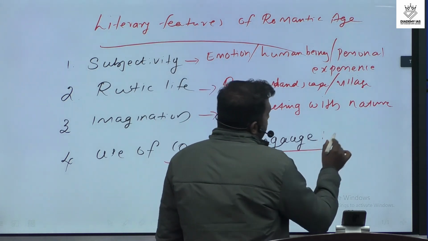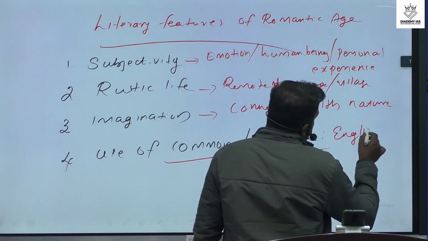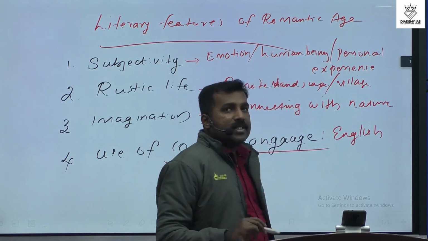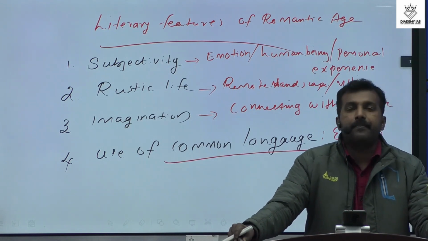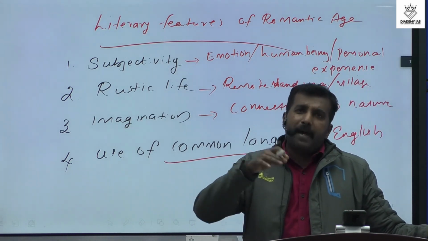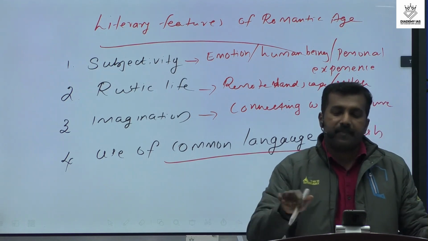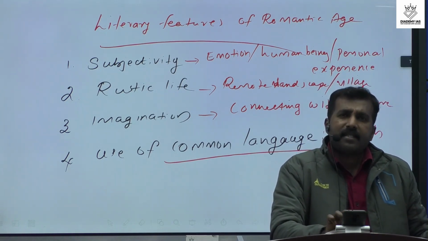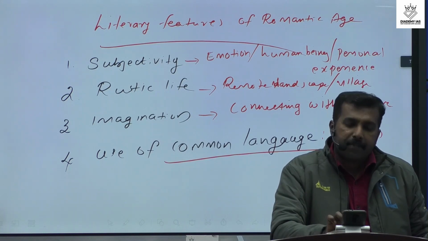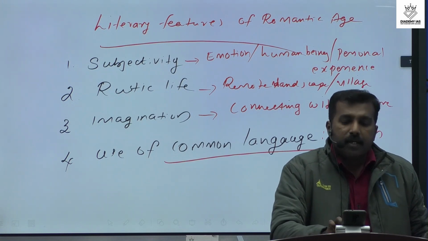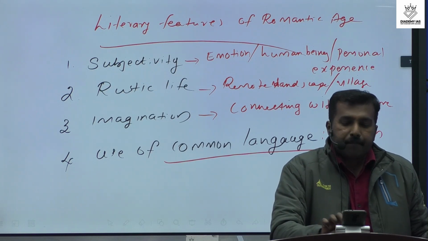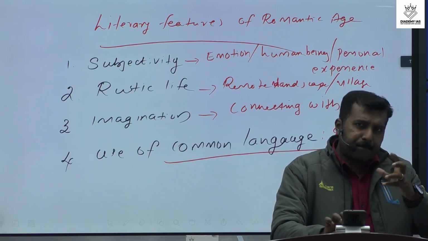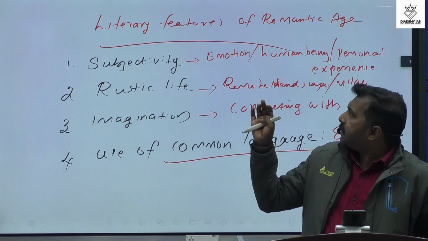We know that English was the language generally used by the common people in England. And the Romantic writers generally used English as their language. At the same time, they used a very simple way of presentation. So these are the important points relating to the Romantic literary features.